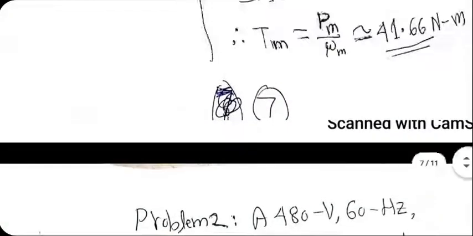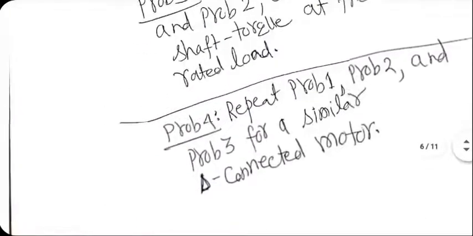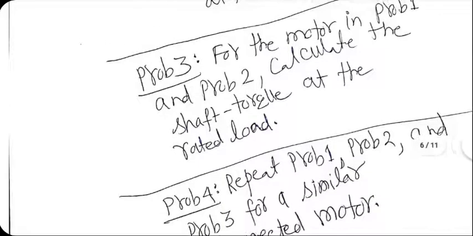It's not even written here, but just take it from me that problem 4 means all the answers that you already got in problems 1, 2, and 3. Delta connection or Y connection will not change any of these calculations. They will change only efficiency, etc., and actual currents and voltages when we go into all that. So answer to problem 4 is all the answers in problems 1, 2, and 3.